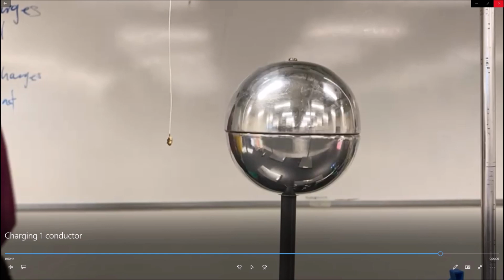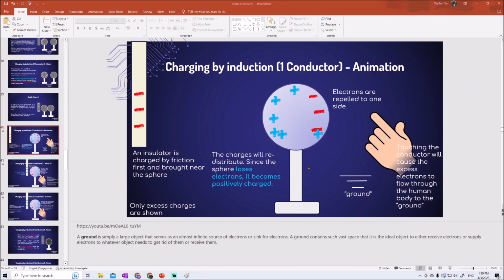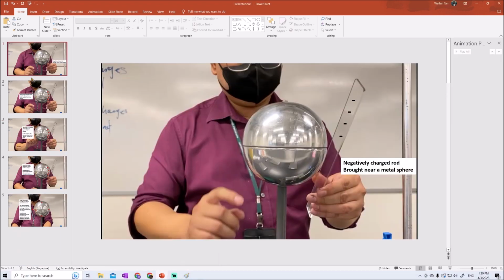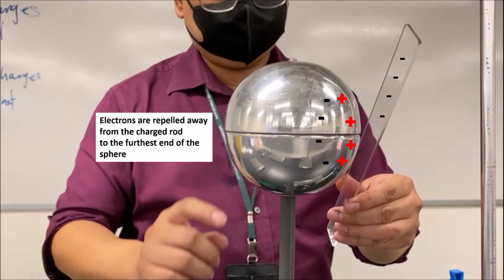Okay, let's go through what happened based on the electron movement. So when a negatively charged rod is brought near the metal sphere, the electrons are repelled from the charged rod to the furthest end of the sphere.